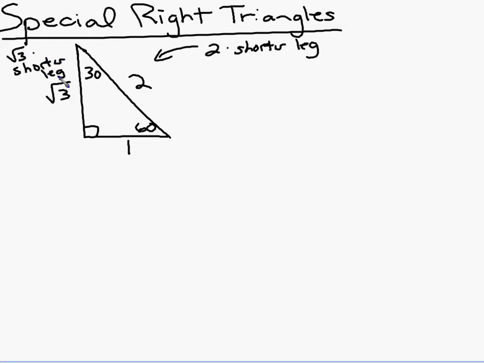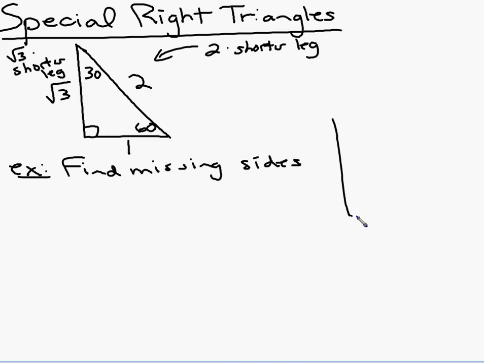Okay? So, what's going to happen tonight is you're going to be asked to find the missing sides. You're going to be given a triangle, and it's going to be a 30, 60, 90.